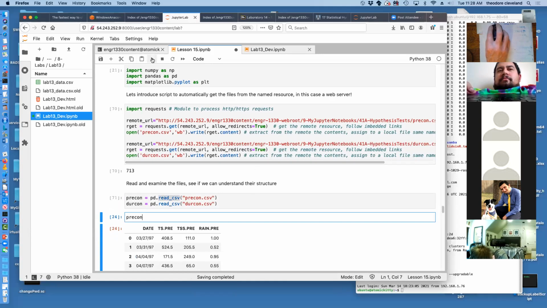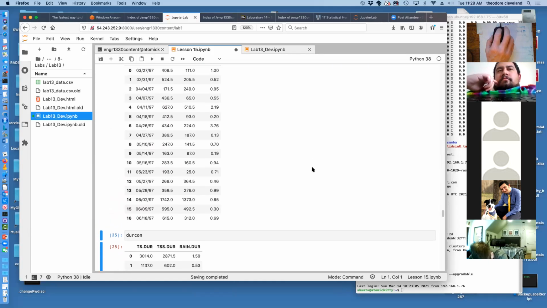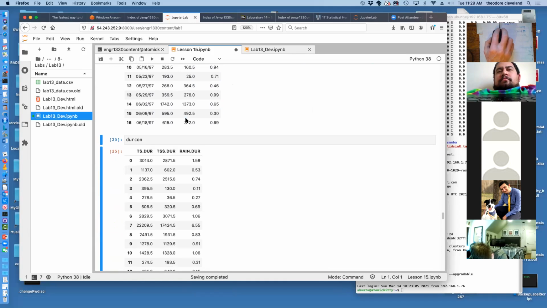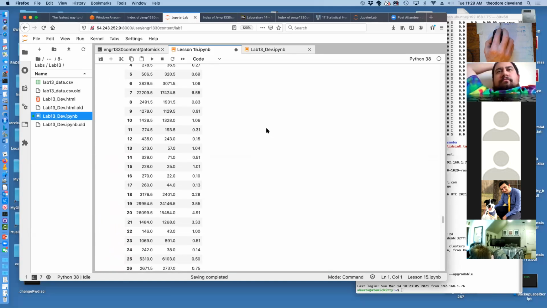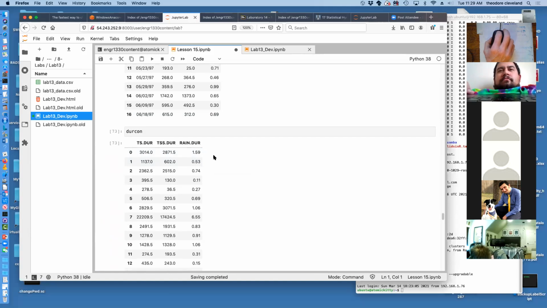Let's take a look at the precon file. And there's the pre-construction file. Looks like it has 16 rows in it. And it has total solids, total suspended solids, rainfall. And now I'll do the during construction. That looks like it has 36 rows in it and similarly labeled columns.